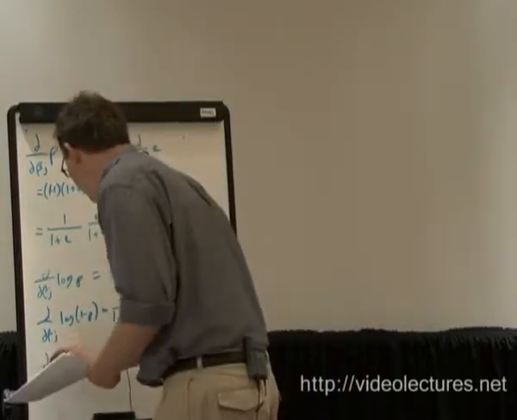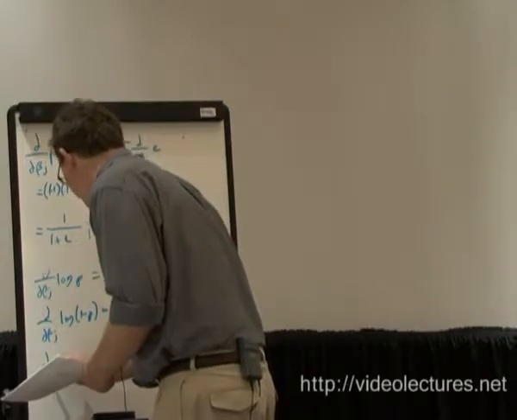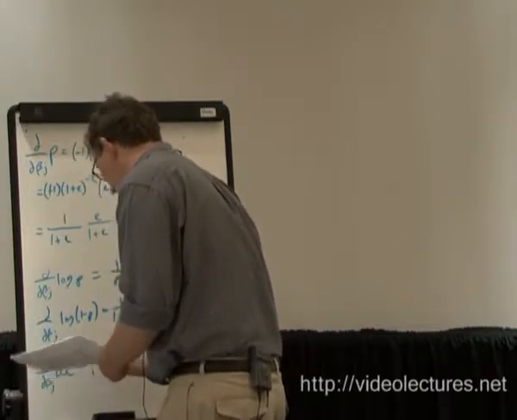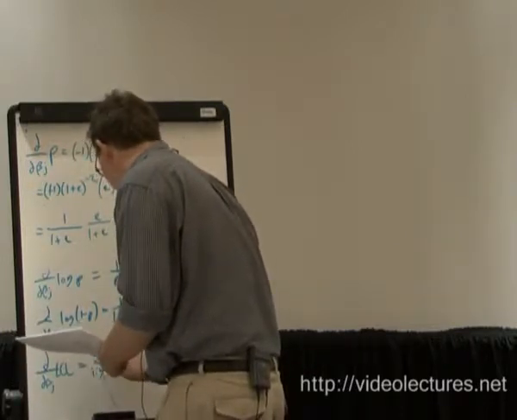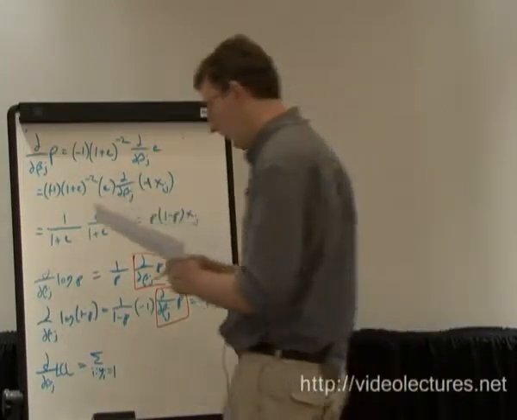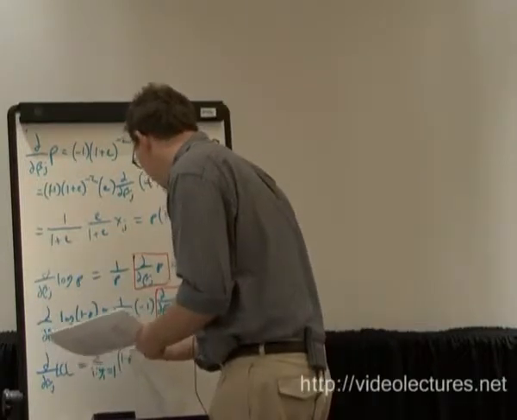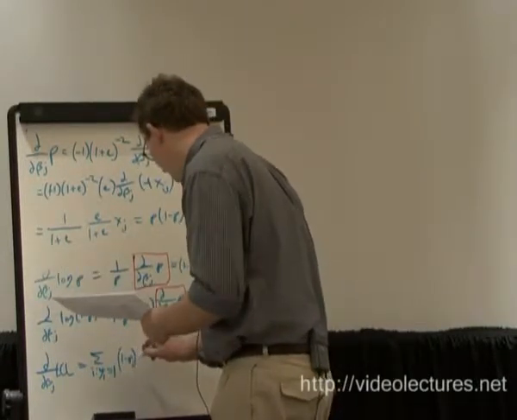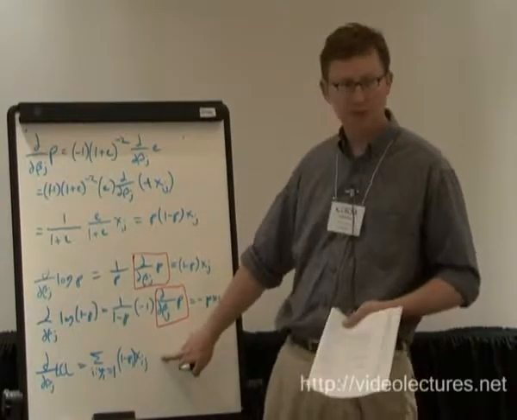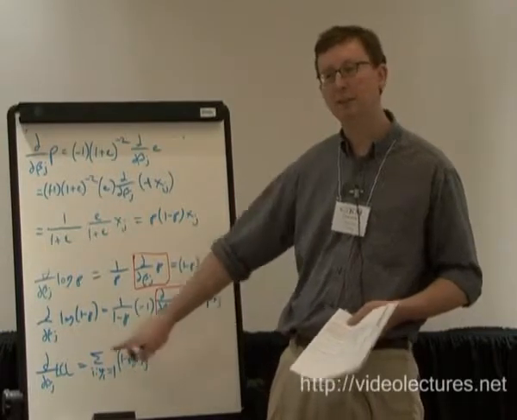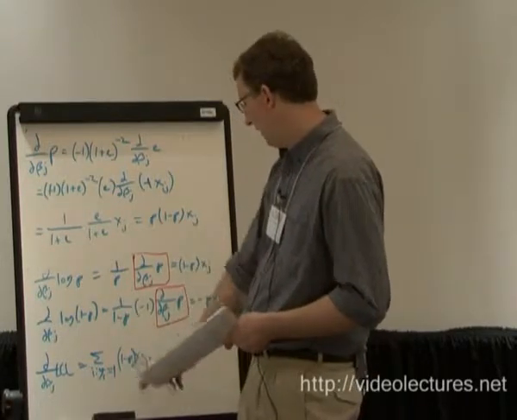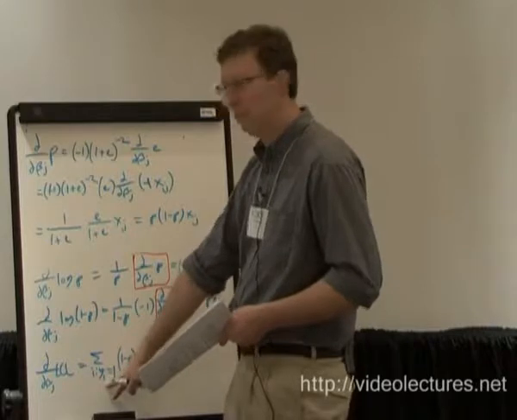So d by d beta j of the log conditional likelihood is the sum for the positive training examples, that's the i's with yi equals 1, of 1 minus pi times xij. So xij is the jth feature value for example number i, and these examples have positive labels.